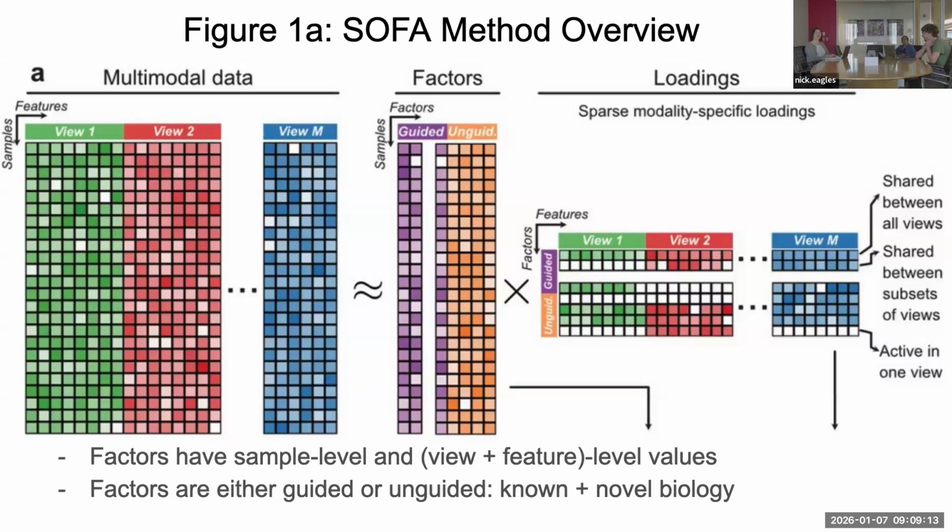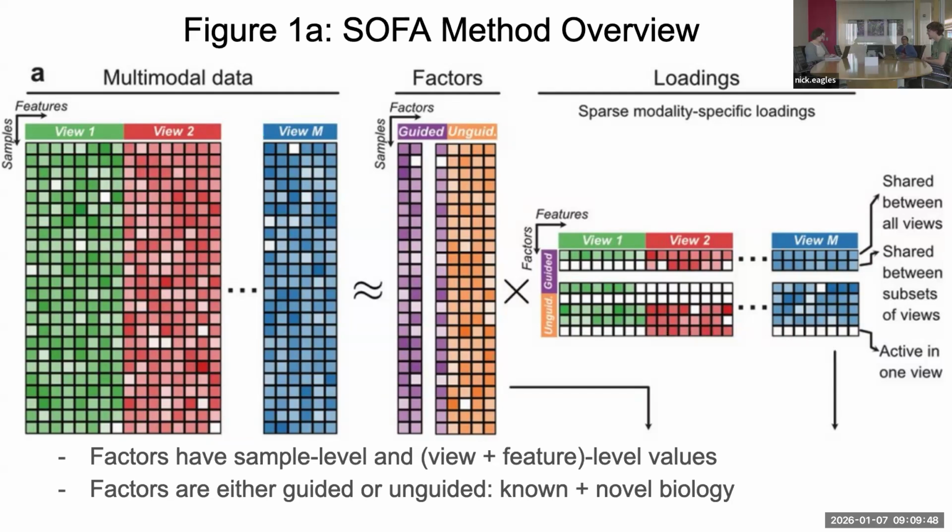The unguided factors will find the remaining variation and discover potentially novel biology. Then you have the loadings, which give you a value for every view and every feature. You can see certain features contribute more to different factors, and certain views may be more relevant in a factor, which we'll get into with some of the example datasets that they cover.